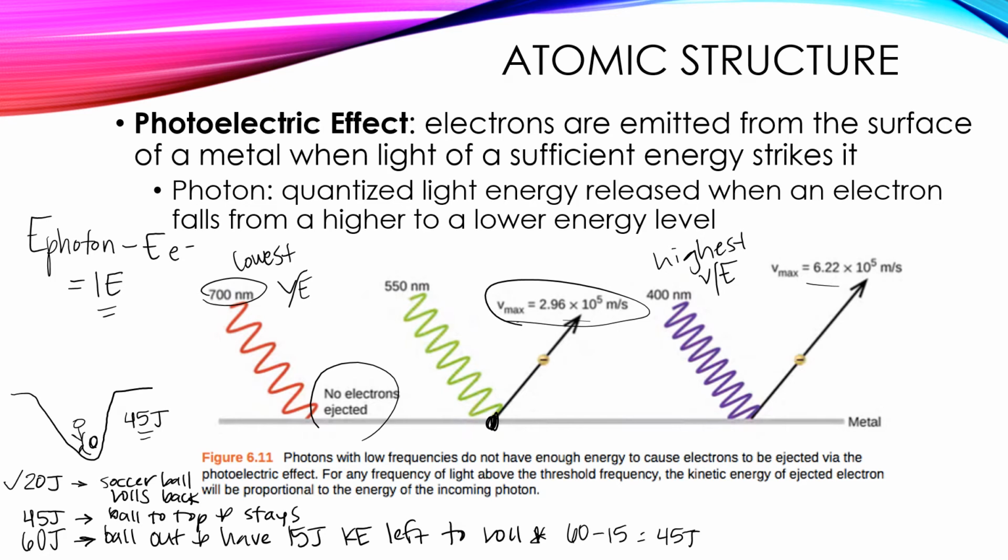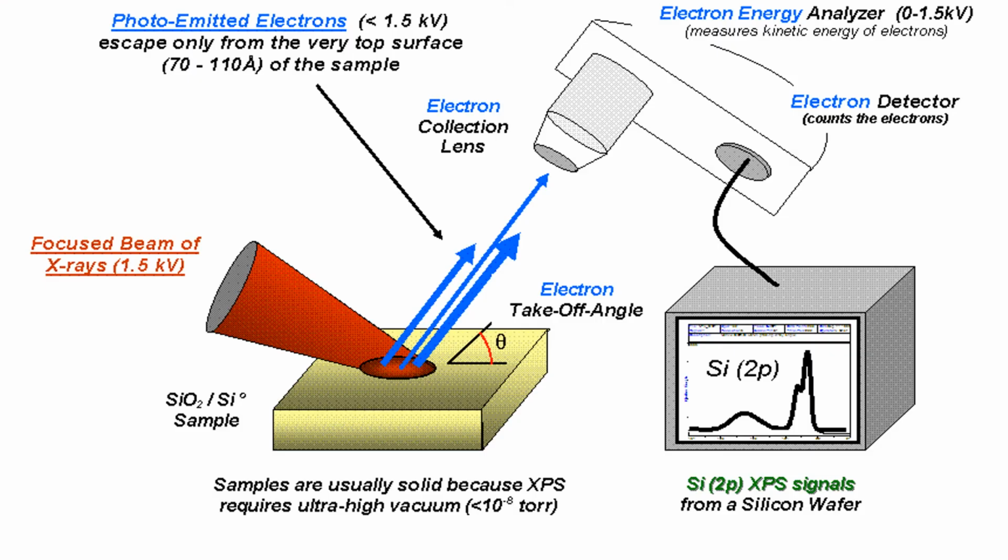So this is what scientists use to determine the ionization energies of electrons within an atom. Here we have the focused beam of light, so we would know exactly the energy within that beam of light. It's hitting this silicon sample here, and it is ejecting electrons, but you notice the way they depict that here is by different sizes of arrows.